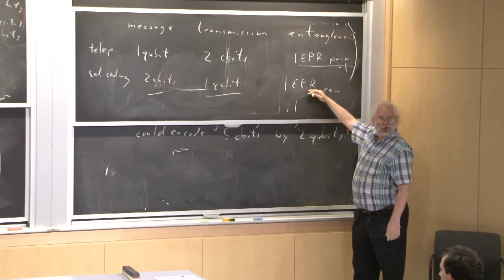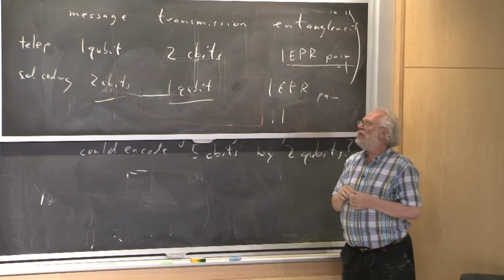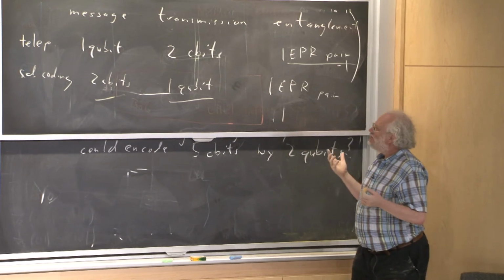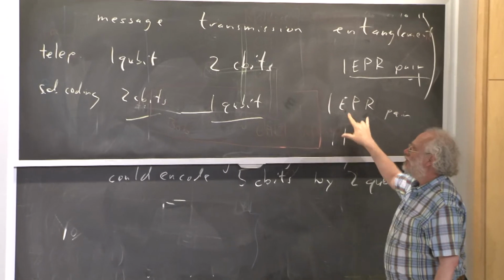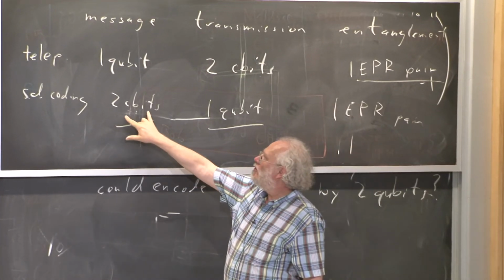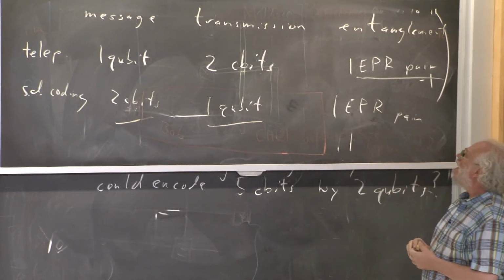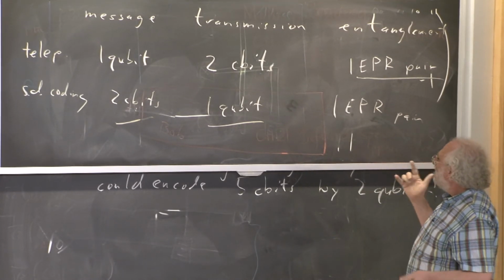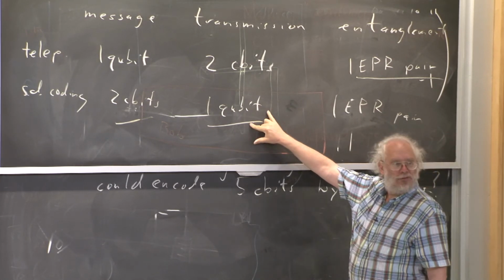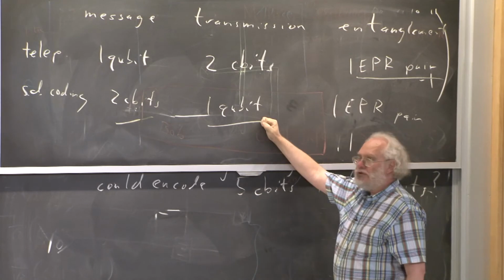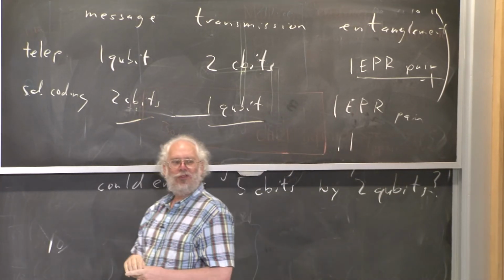So this is optimal too, but it requires Holevo's theorem. It requires the fact that if you have 2 qubits, you cannot encode more than 2 classical bits. Or rather, if you have less than 1 EPR pair and 1 qubit, that's fewer than 2 qubits, and it requires 2 qubits to encode 2 classical bits.